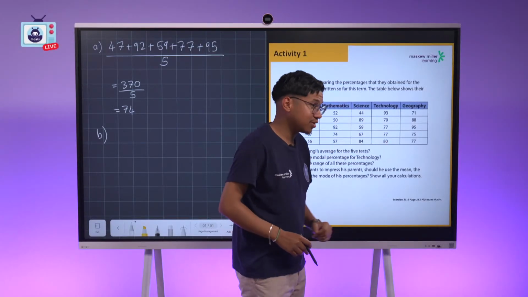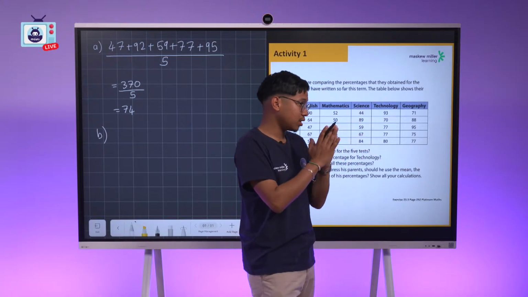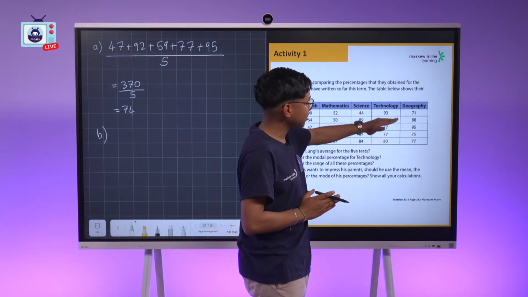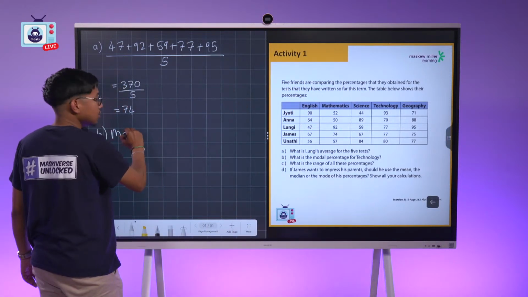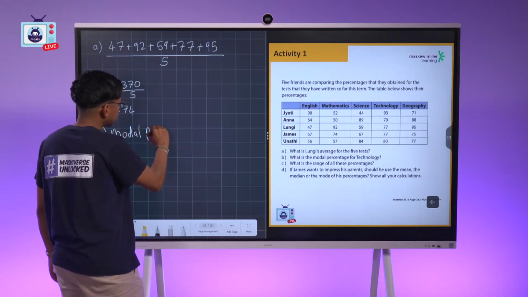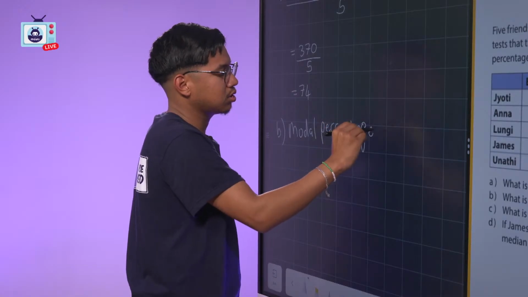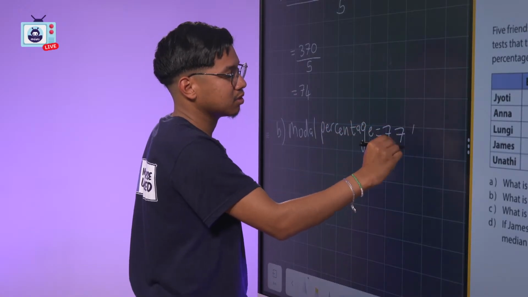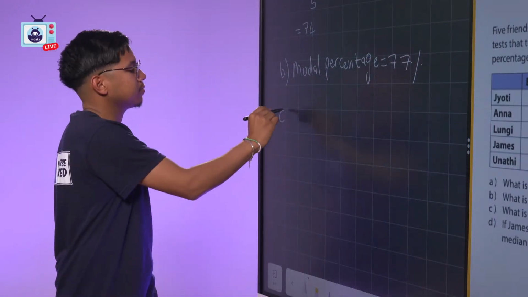Yes, it is the number 77, because 93, 70, and 80 is only appearing once or occurring once. 77 is occurring twice. So we can say that the modal percentage is equal to 77%, okay, or 77. All right, that was quite straightforward.